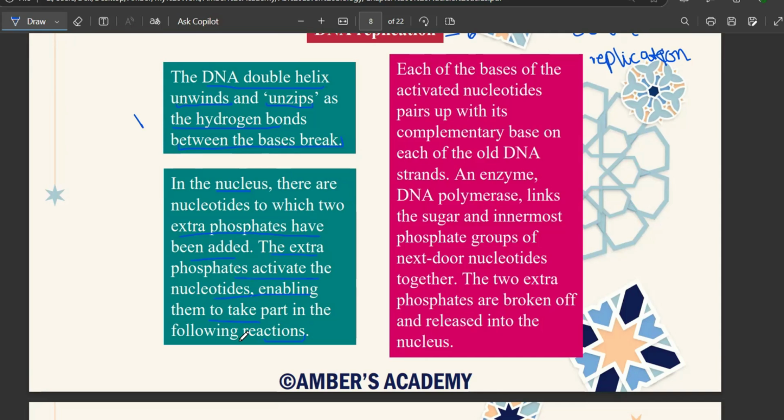So you can also write it. It's a good word. If you write it in your script, then there's a chance that your examiner will get impressed, because at this point, nobody tells you about phosphorylation. You know the process, but you do not know the correct term, which is phosphorylation. So if you want to write it, you can write it. Phosphorylation takes place. And why does phosphorylation take place? So that your nucleotide gets sufficient energy in order to carry forward the reaction of DNA replication.